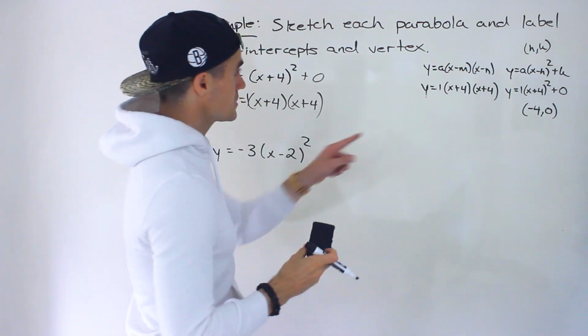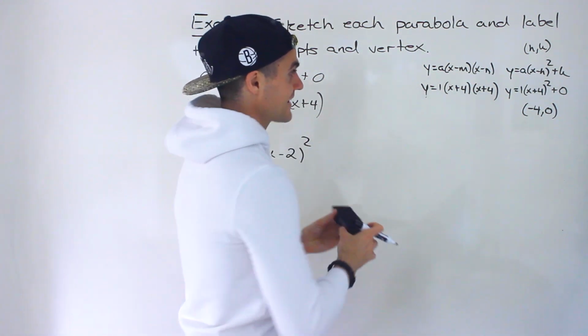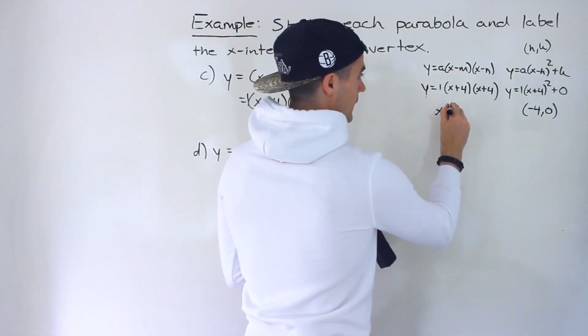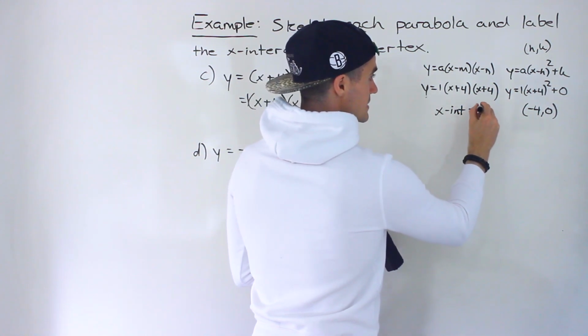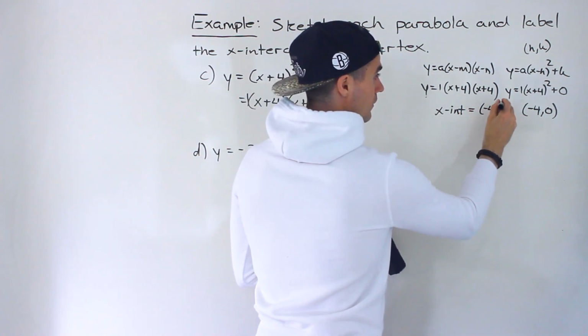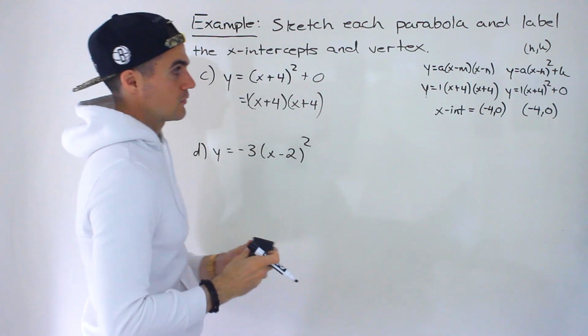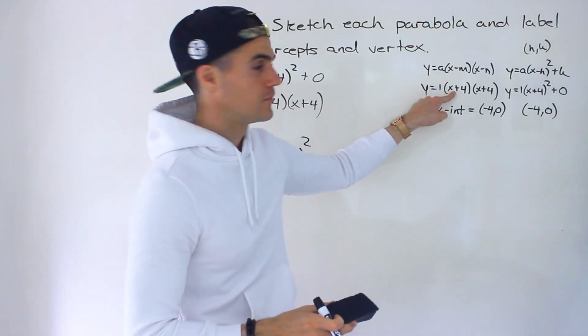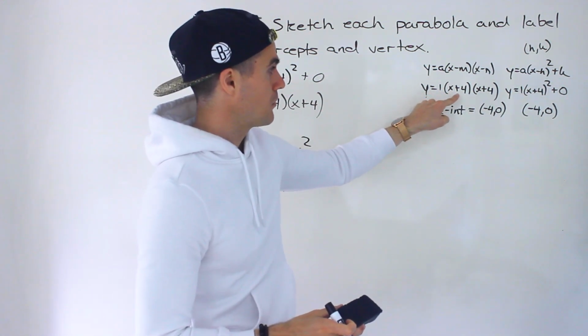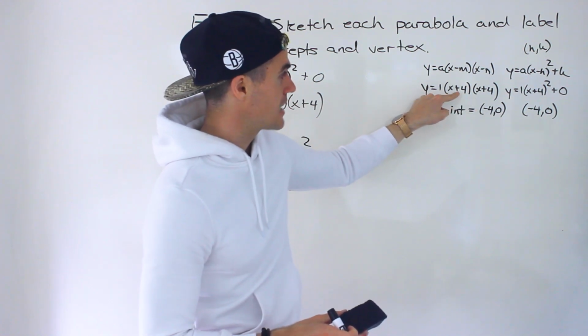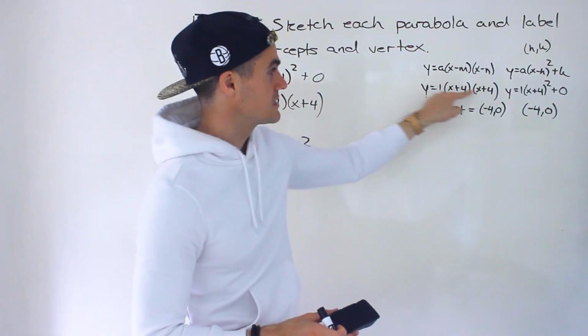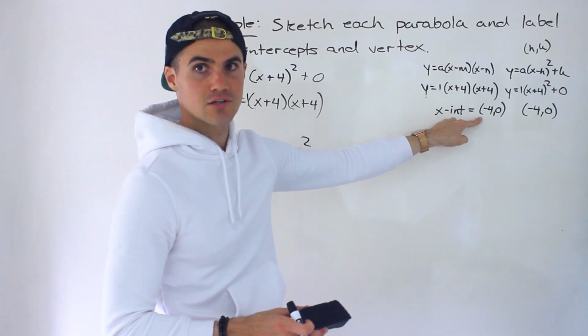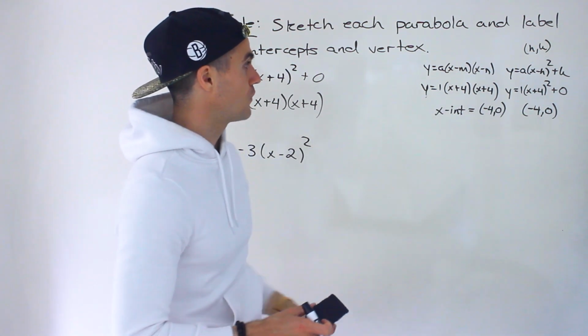But also notice from these factors that the x-intercept is -4 and 0, right? And there's 2 of them over here. Remember, the x-intercept is always going to be the opposite sign of the m and the n, but in this case, both of these give us an x-intercept of -4.